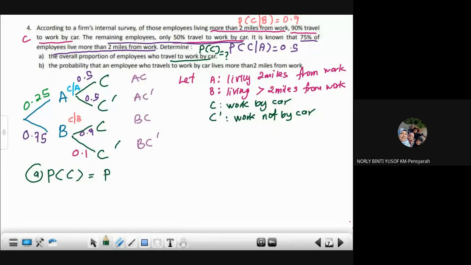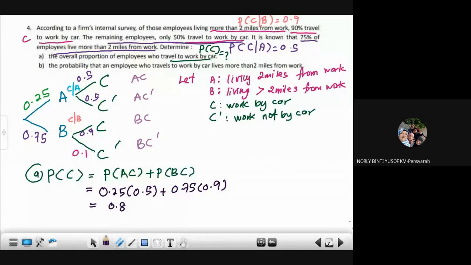So dia ada 2 possibility lah. That is AC plus BC. You kira you dapat 0.25 daripada tree diagram darab 0.5 tambah 0.75 darab 0.9. Calculate, you got 0.8. Okay, 0.8 is probability.